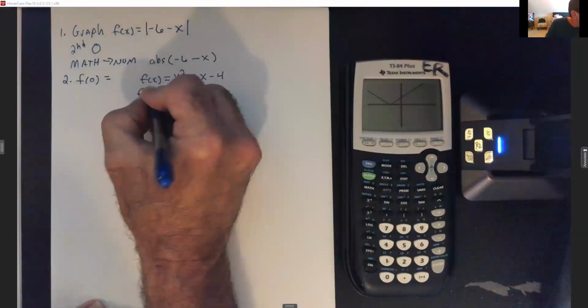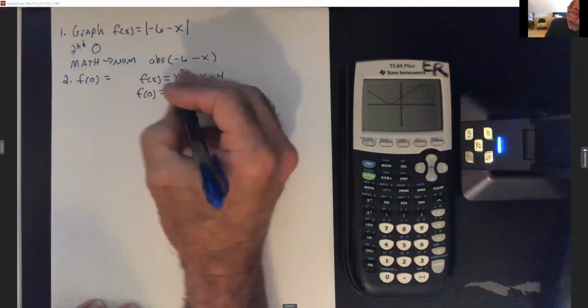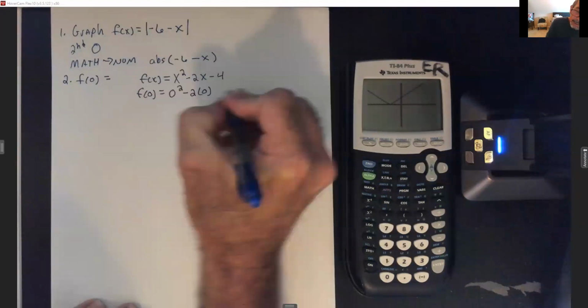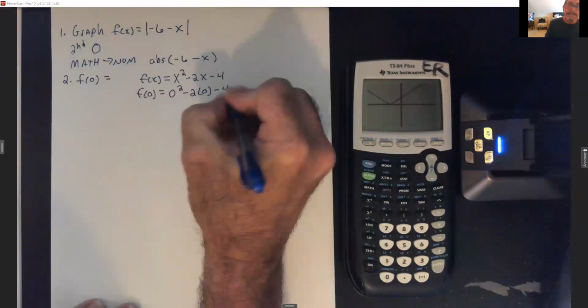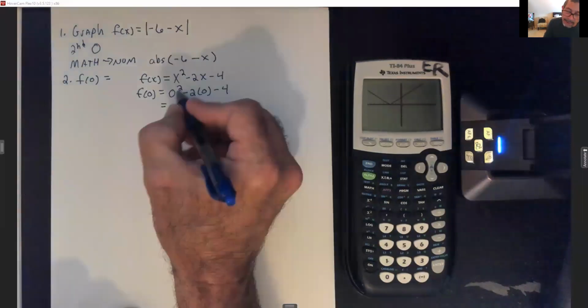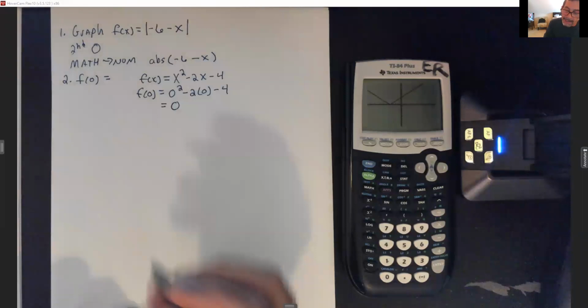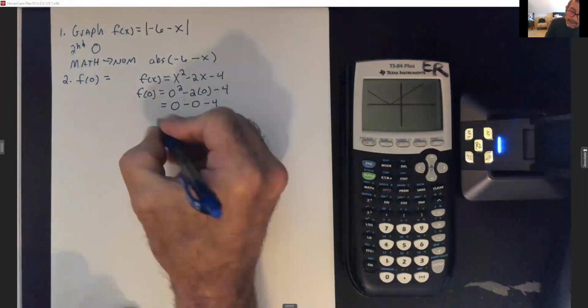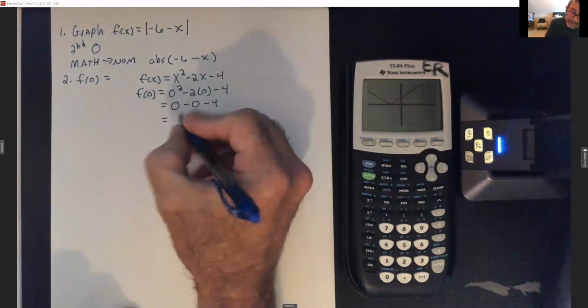So f of 0 will equal 0 squared minus 2 times 0 minus 4. All right, order of operations, exponent first, I get a 0. Minus 2 times 0 is 0. And then minus my 4 for a final answer of -4.